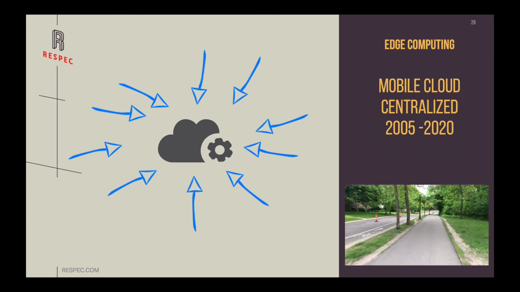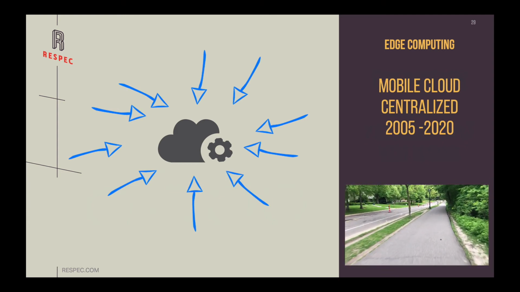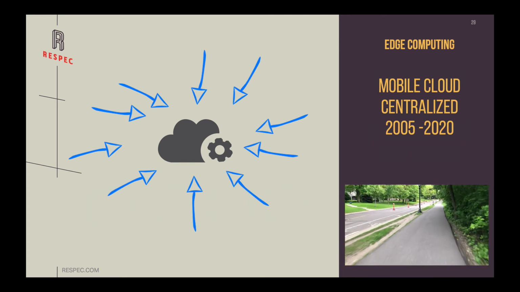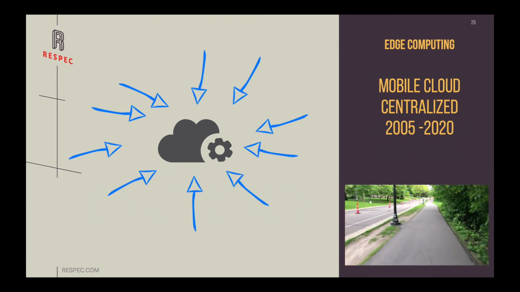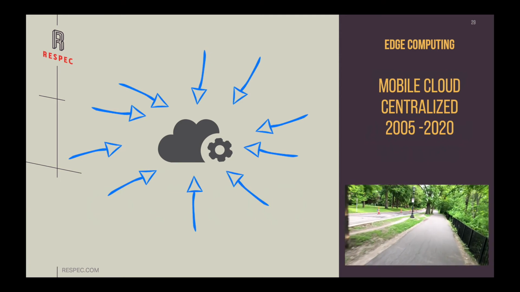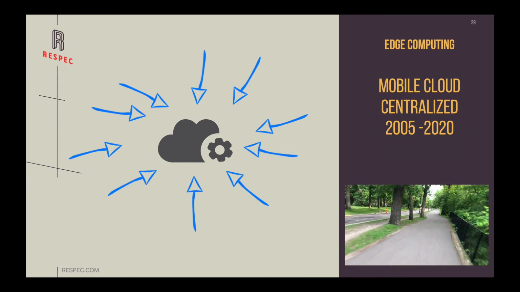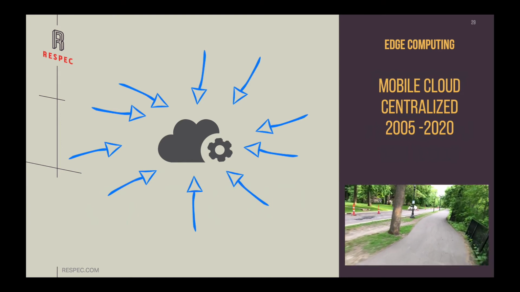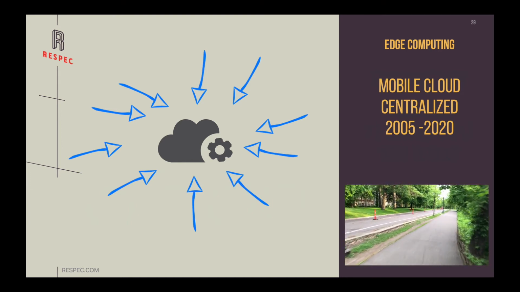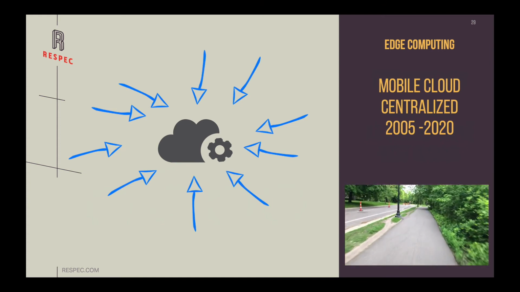So from about 2005 to this year, 2020, we really focused on the mobile cloud's centralization. And so the focus was all on the information from our devices finding its way through the communications network into the cloud, where data was stored or information was processed and then sent back out.